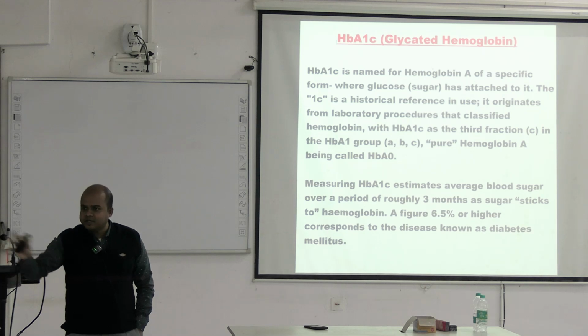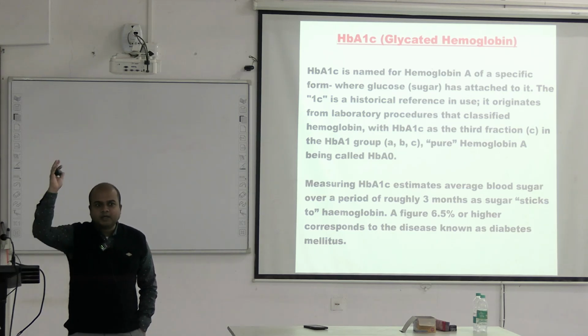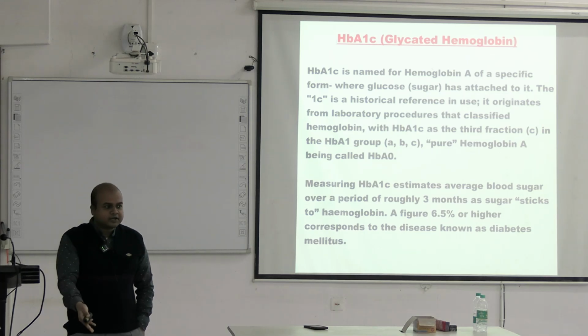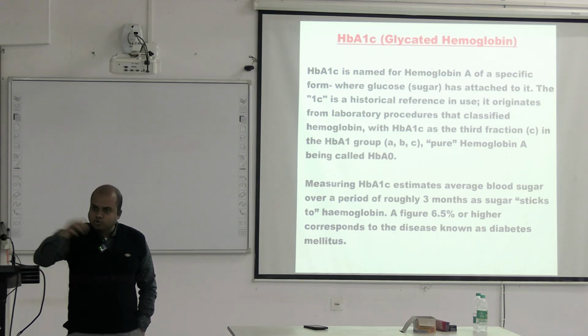If it is in the hospitalized state, it will probably be better monitored, but if it is at home, we are asking the subject to fast for 10 hours, but maybe he has taken his dinner at 2 AM and we are taking blood at 8 AM. So, those results may be false, that means false positive results may be there. Okay. So, best is HbA1c in that way, because that is not under the control of anybody, sugars are attaching to hemoglobin.